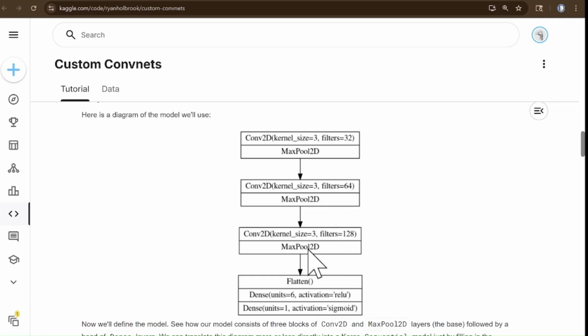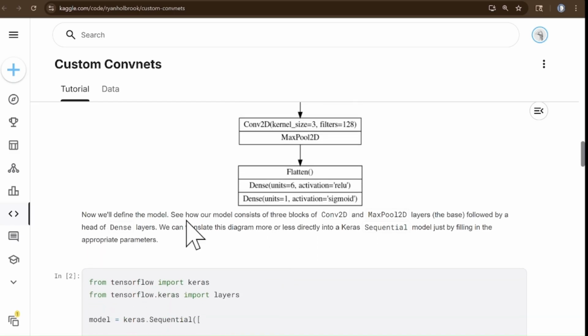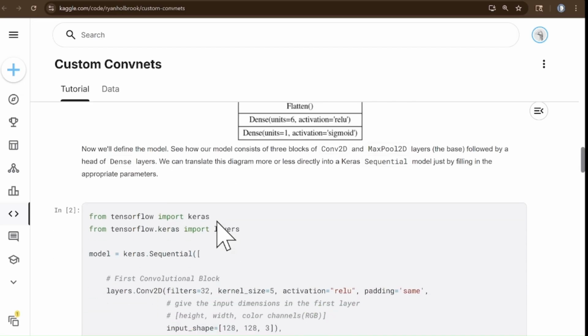Again the filters are increased, other things are the same. Once you have done this, you flatten to make it one dimensional, then you pass it through dense layers. Now we have defined the model. Our model consists of 3 blocks of Conv2D and MaxPool2D layers, and then you are using dense layers.